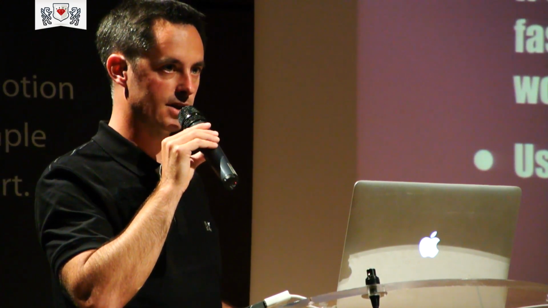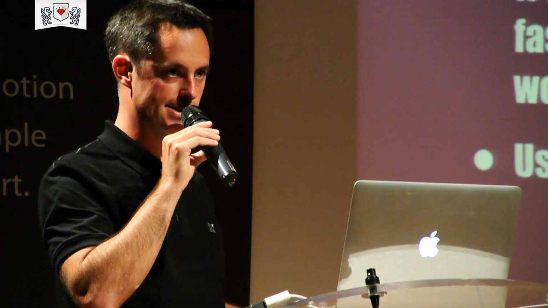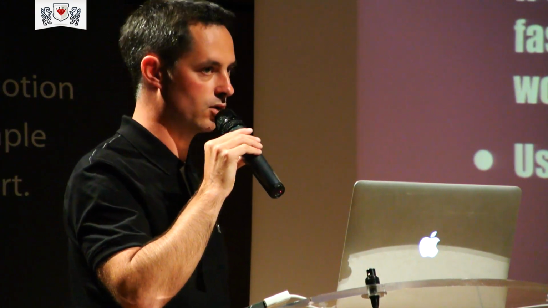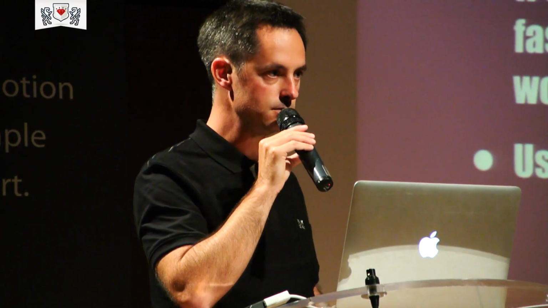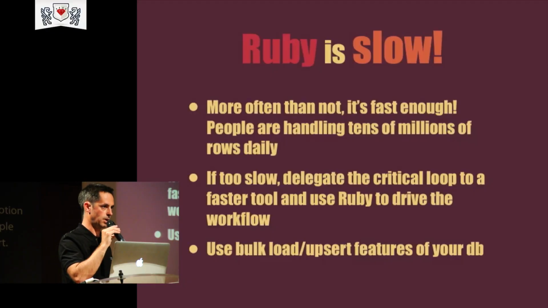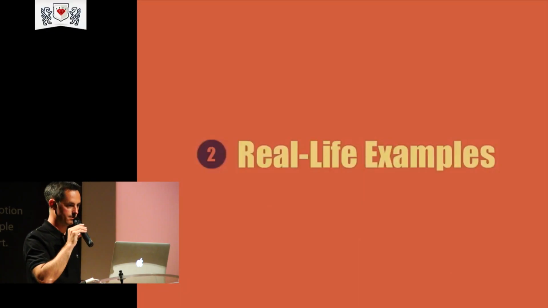MySQL is able to do that with on duplicate key update. In SQL Server, you have a tool called Merge for that. So know your database, because if Ruby is slow, you can leverage the database and keep Ruby as master of command. I've been implementing fairly large systems where Ruby was kept for the whole ceremony, and then delegated to something with raw power when you need it.